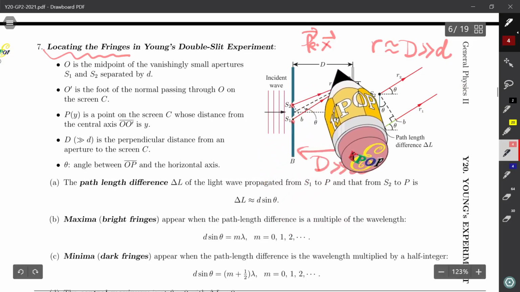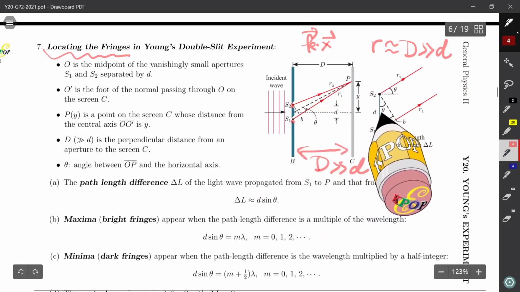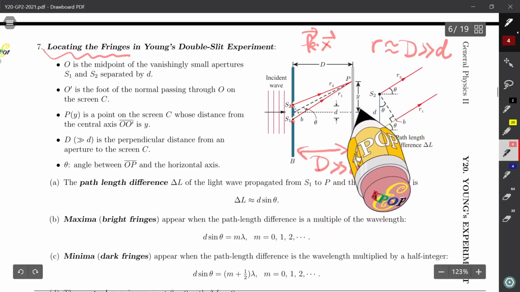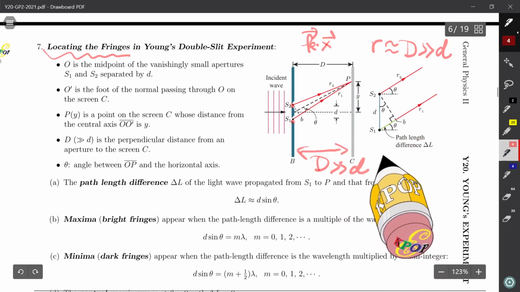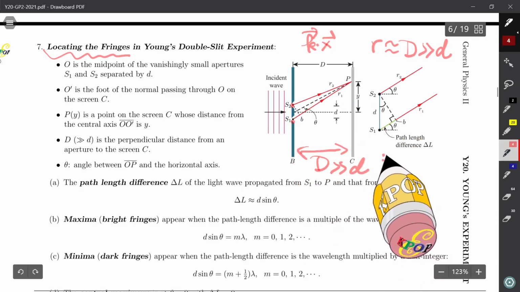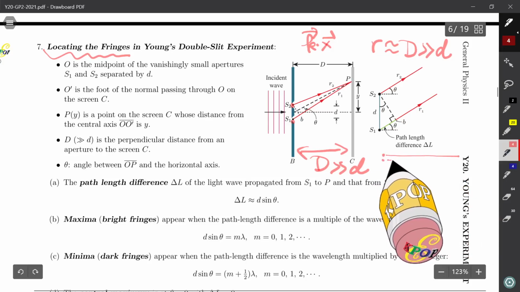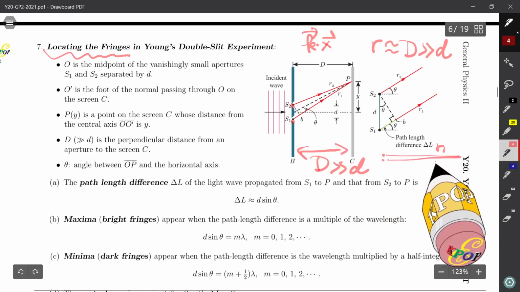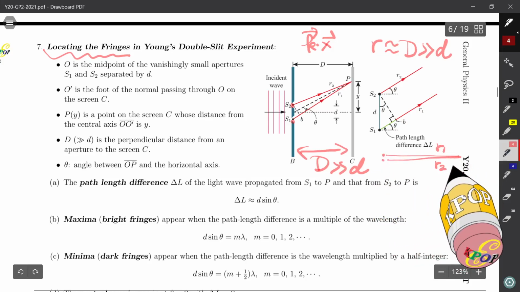This figure is a little bit exaggerated, and in actual cases S1, S2 are very near, and R1 and R2 are almost parallel.